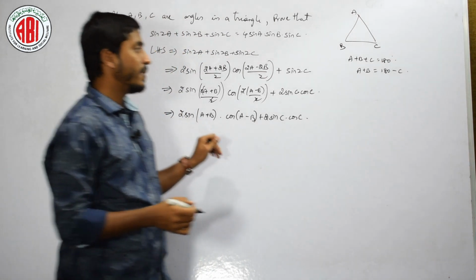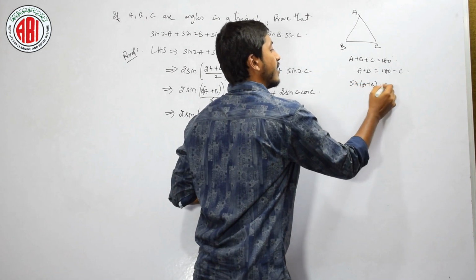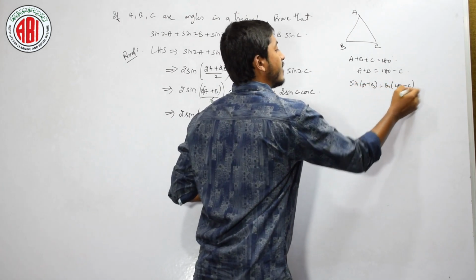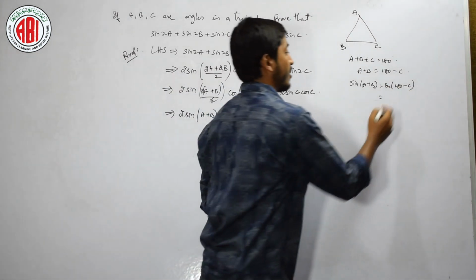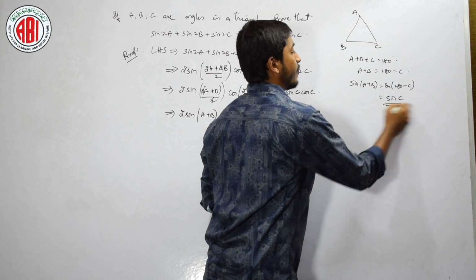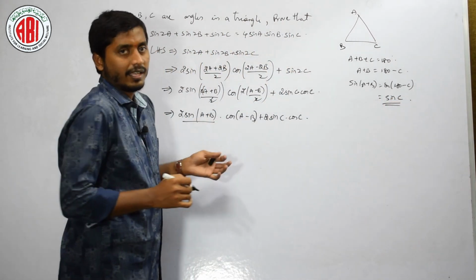Then sin of (A plus B) can be written as sin of (180 minus C). Sin of 180 minus theta, second quadrant, which is again positive, which will become sin C. Can I write sin C instead of this? Yes, I can.